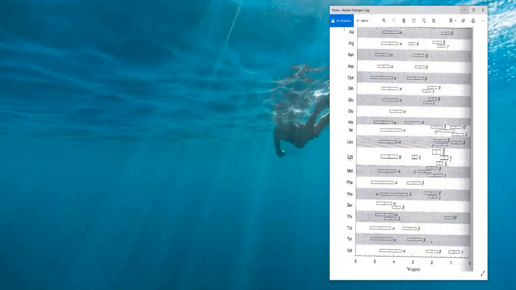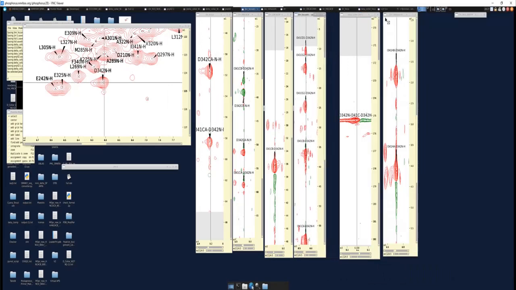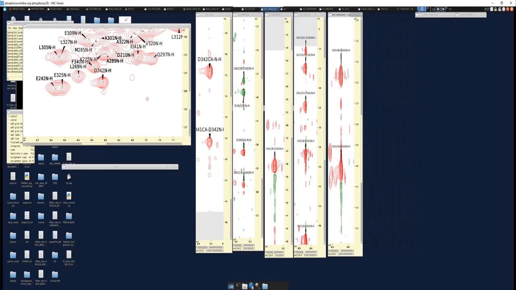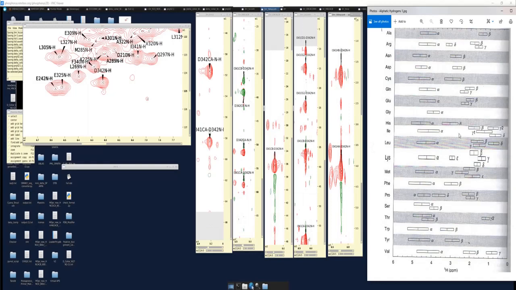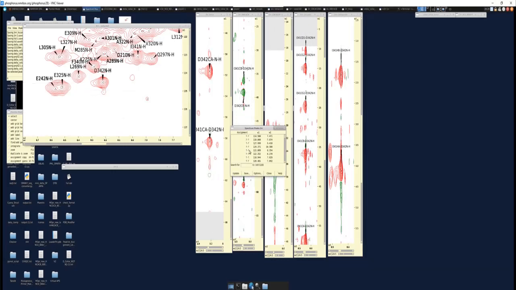So if we bring up our table here, let me move some of these over. Okay. If we look at the hydrogens here for isoleucine, we can see around 4.1. That makes sense. And a beta around 1.8. That makes sense as well, right? So that matches.